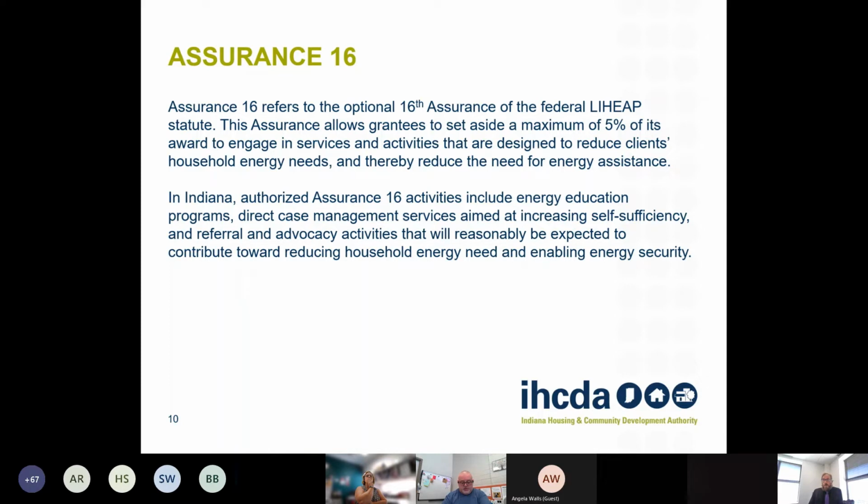In Indiana, authorized Assurance 16 activities include energy education programs, direct case management services aimed at increasing self-sufficiency, and referral and advocacy activities that will reasonably be expected to contribute toward reducing household energy need and thereby enabling energy security.